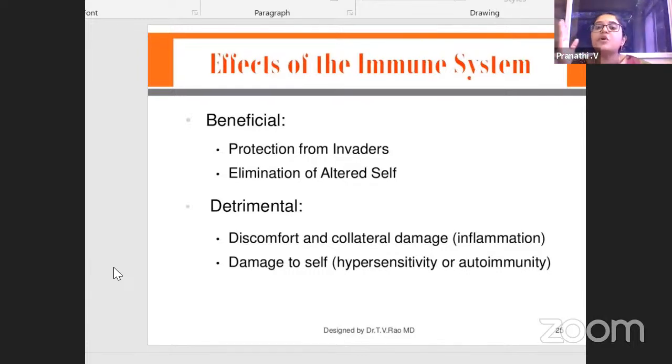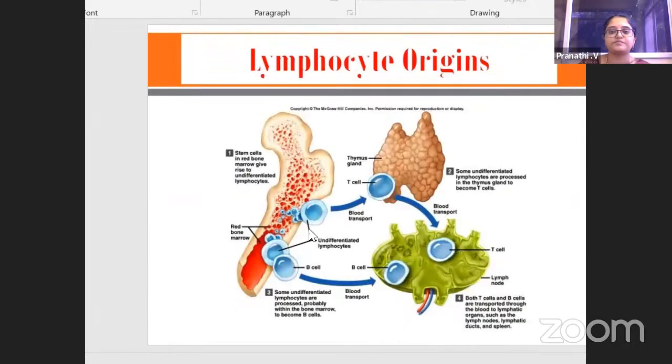But we have collateral damage because of this: inflammation, pain, reddening of the skin, and different kinds of immune cells being activated. Because of this, sometimes we develop hypersensitivity or autoimmunity.